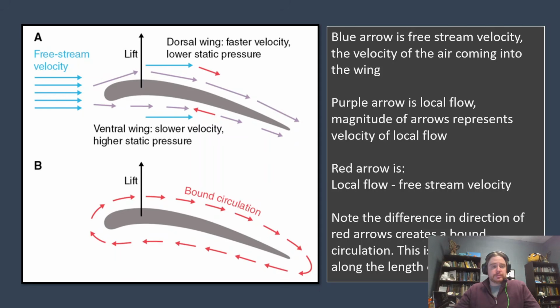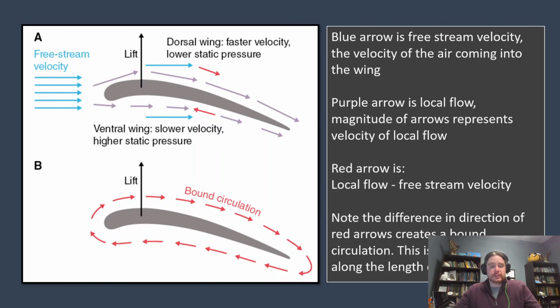And then down here, we have the same thing, but let's say it's going 10 miles an hour and it gets slowed down to 9 miles an hour. Well, now it's not 1, right? It's local flow minus free stream velocity. It's 9 minus 10, which is negative 1. The net flow is actually in the opposite direction.